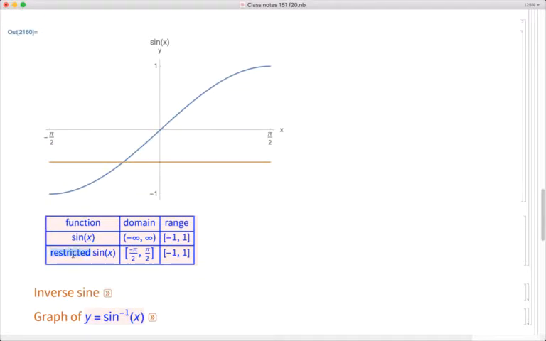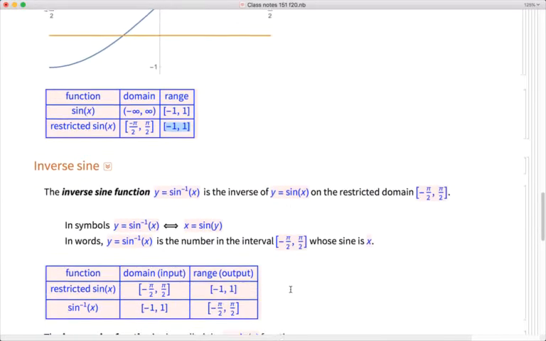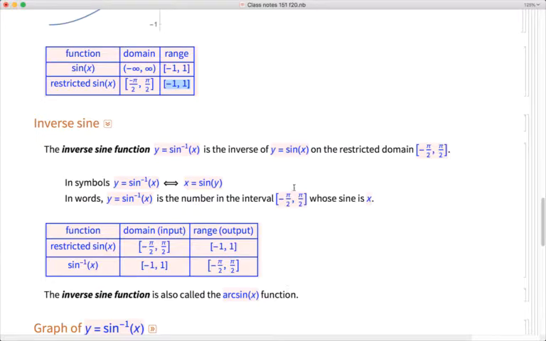I don't know of any notation for the restricted sine function, so I just had to put in the words. We restrict the sine function to minus pi over 2 to pi over 2. This will be its new domain, and this will be the range or the output. Okay, so this restricted sine function will have an inverse, and this is how the inverse is defined.